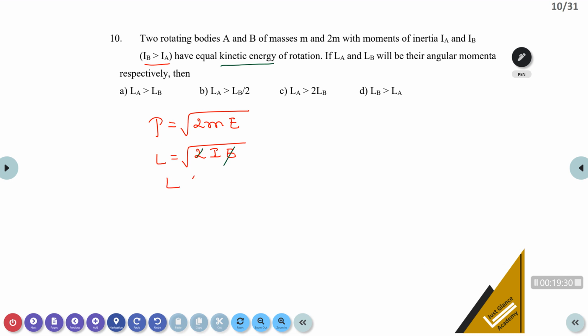So L is directly proportional to square root of I. But already he said that IB is greater than IA. When I is greater, certainly LB is greater than LA. So this is the right choice.